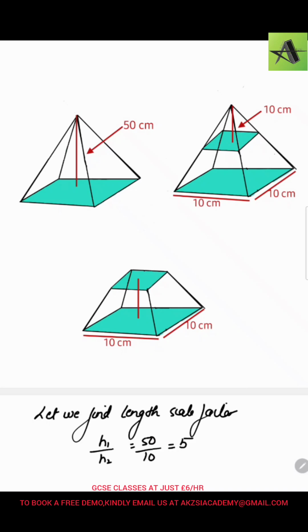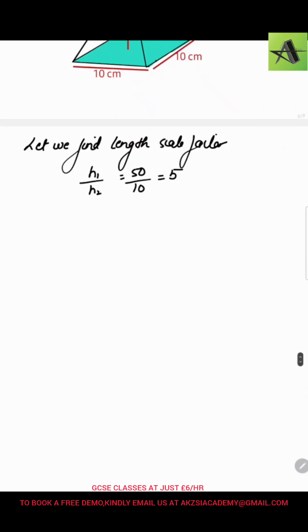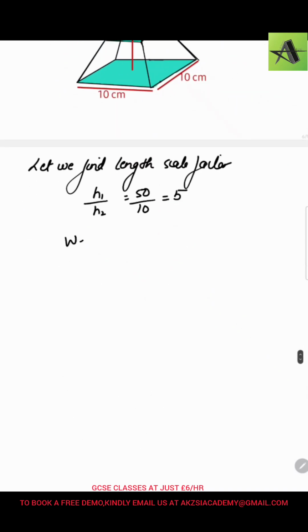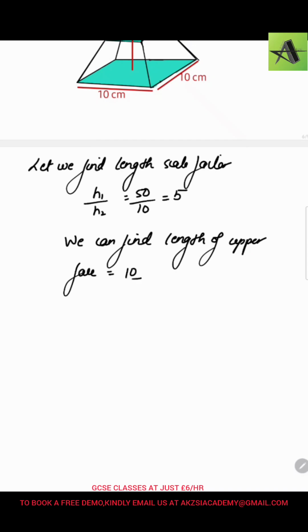That means every dimension of the bigger one is 5 times the smaller one. That means if this is 10, this one will be 2. So we can find the length of the upper face, which is 10 over 5, that is 2 centimeters.